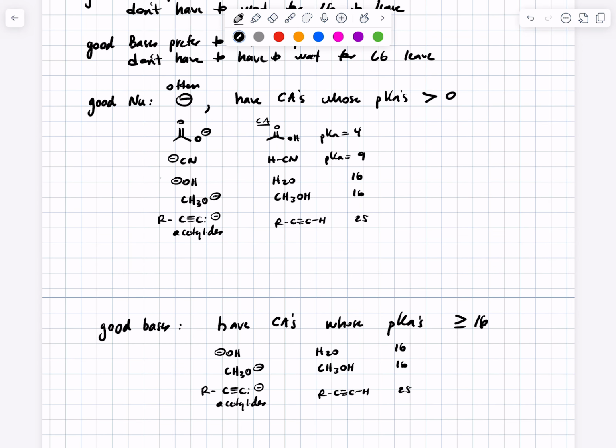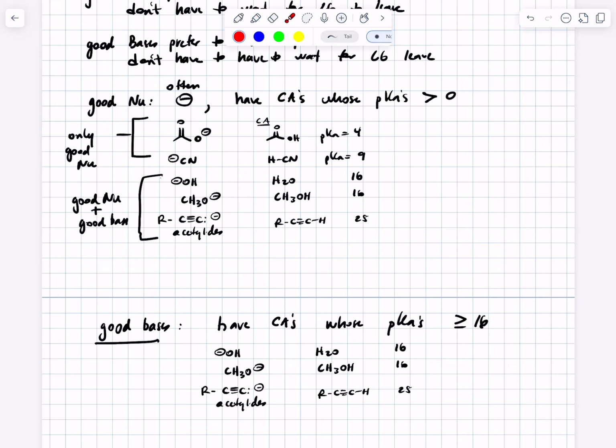So for example, these are both good nucleophiles and good bases, whereas these are only good nucleophiles. Does that make sense? Again, you'll have access to a pKa table, though you'll need to remember the pKa's I told you to memorize, -2 and 16.